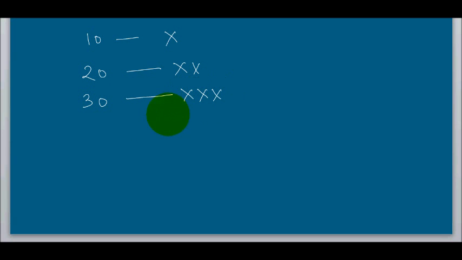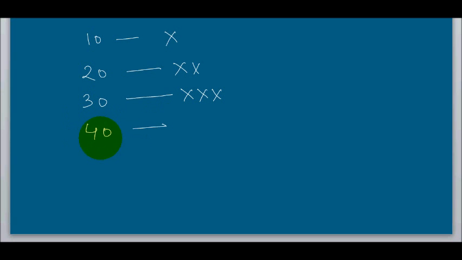I am giving a few more tips. You must also know this one; it is a very good trick for class 3 students. You know 10 in Roman, this one; 20, this one; 30, XXX. Now you cannot repeat anymore.